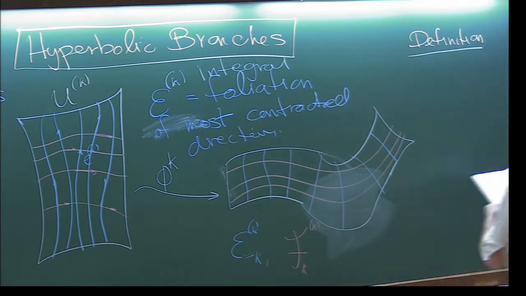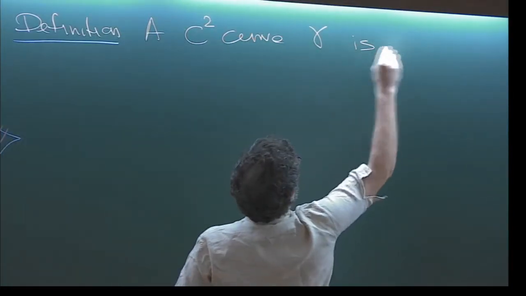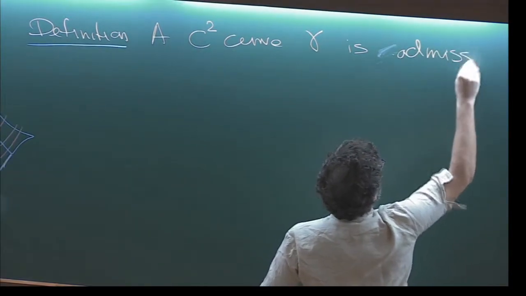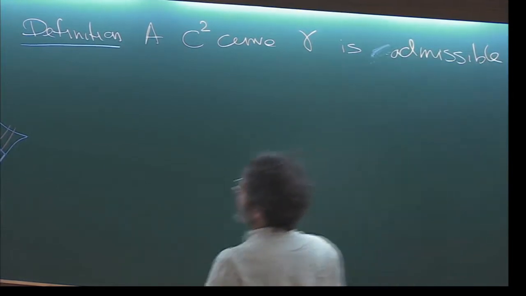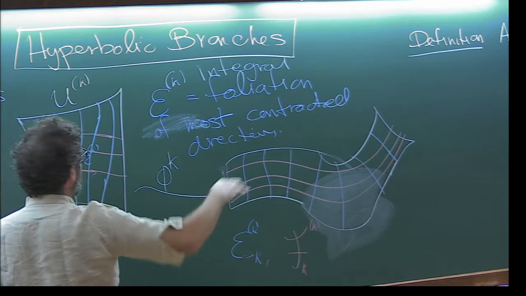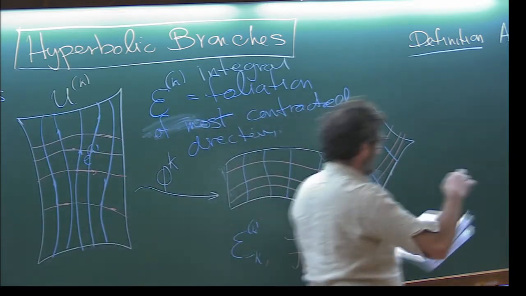Definition: we say a C2 curve gamma is admissible, basically if all its tangent directions are almost horizontal and its curvature is also small.